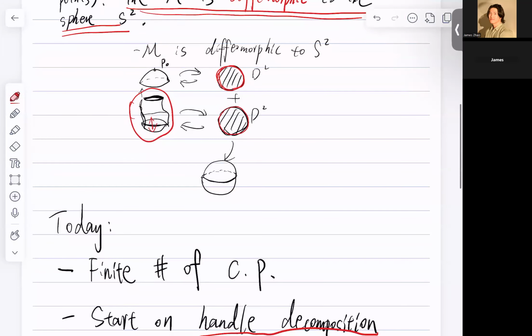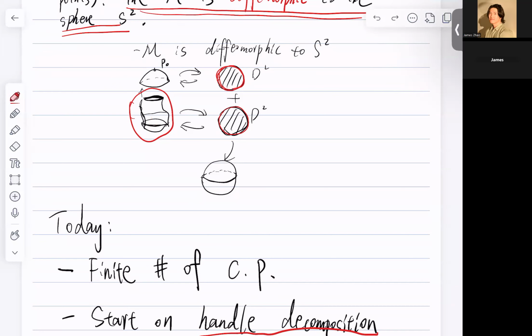This glue lemma basically tells us that if we glue this ugly looking middle part to the bottom bowl shape, the whole space is also diffeomorphic to another disk, another D2.